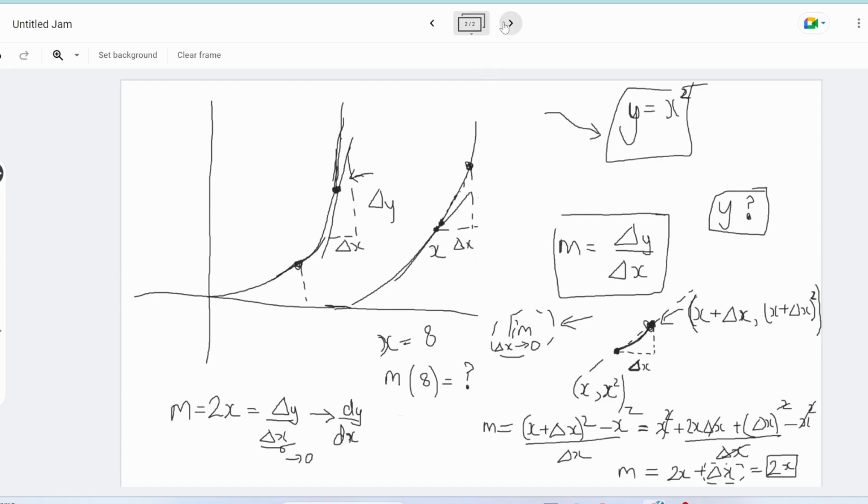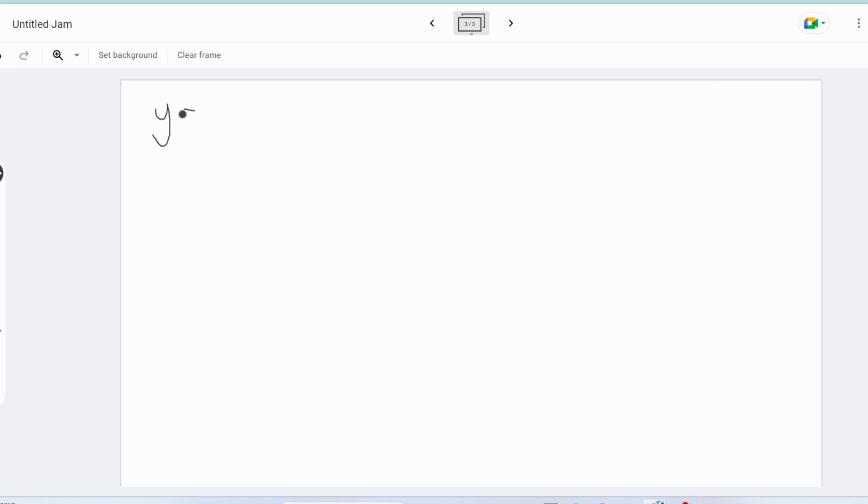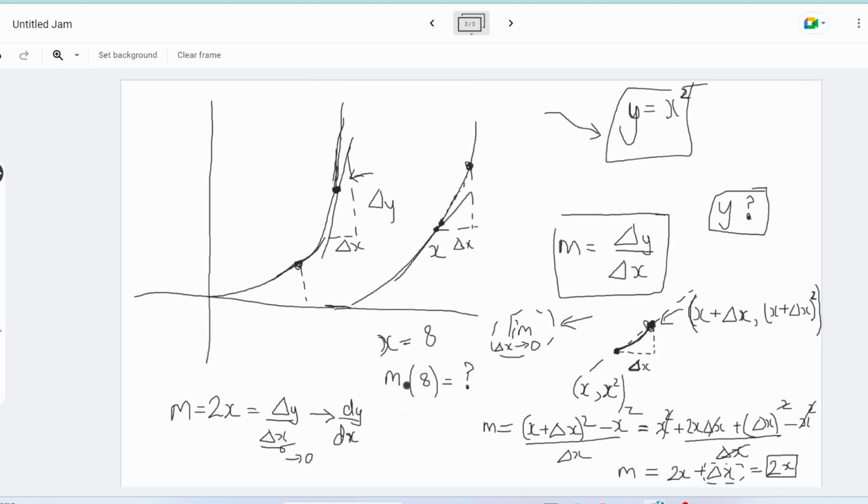So what have I done essentially? I've said, hey, y is equal to x squared. For this curve, its derivative dy by dx is 2x, right? The derivative of this curve is 2x. Now, what that means is, let's answer the original problem.